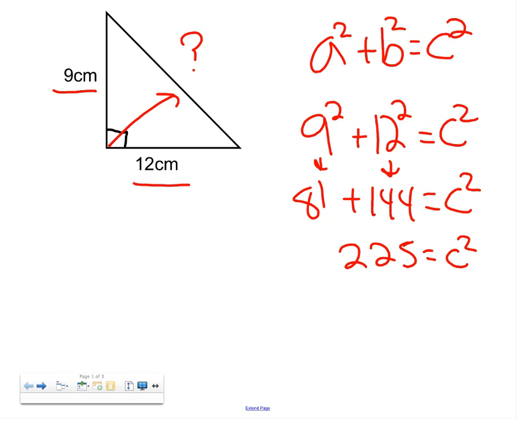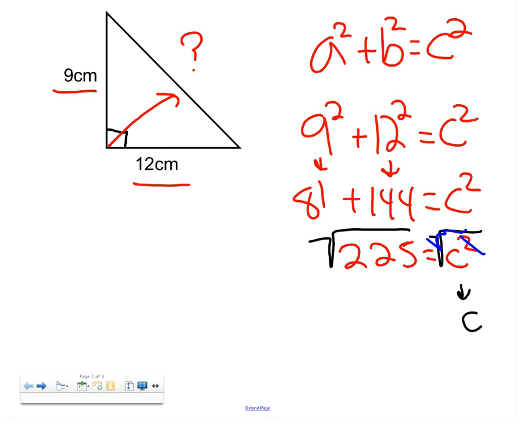So for example, if I just want C, and I have C squared here, what I can do is square root C squared, and because it's an equation, I have to do the same thing on both sides in order to keep the equation balanced. And what will happen is that this is just going to be C, because the square and the root end up canceling each other out.